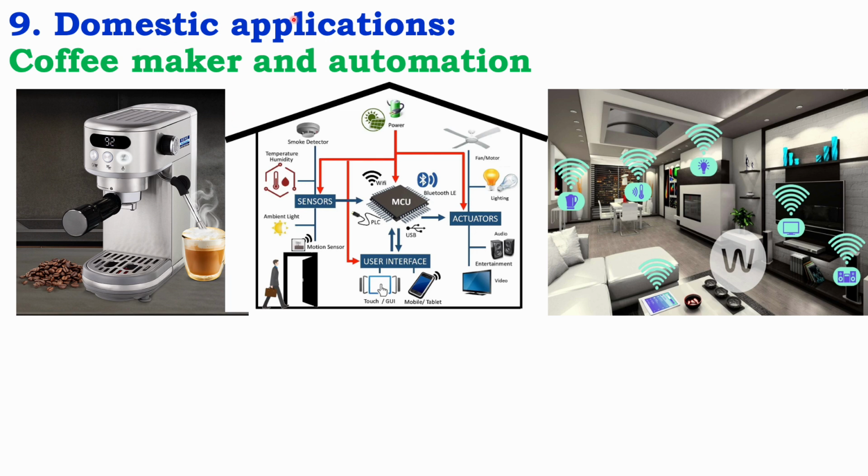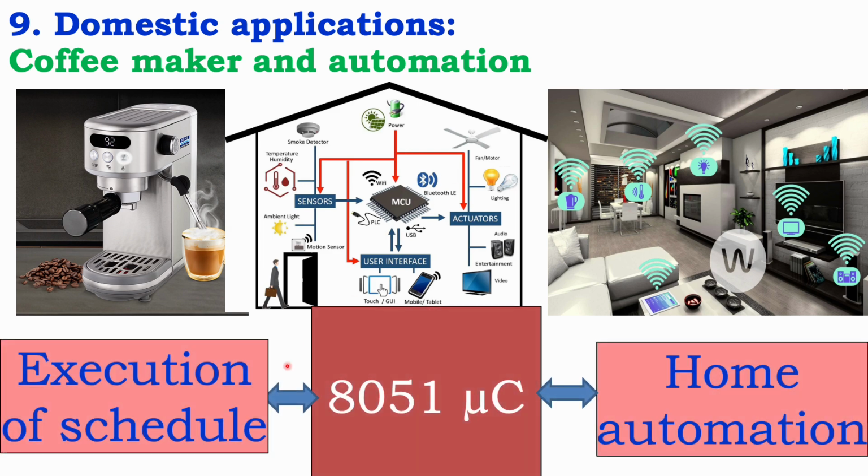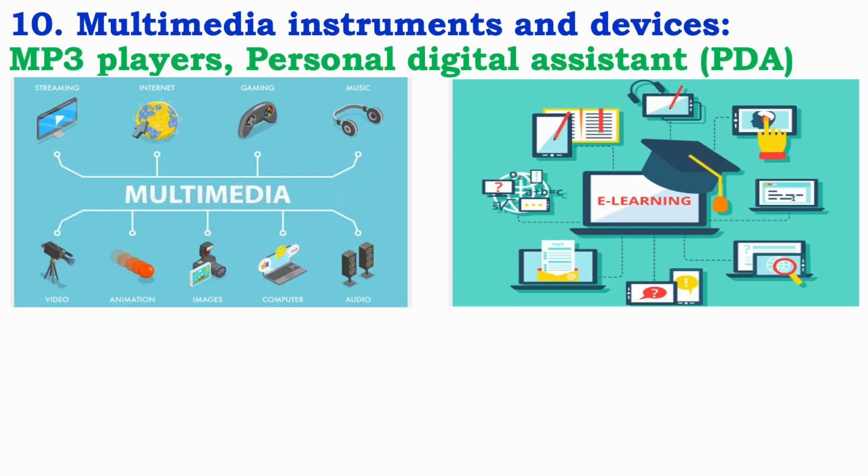In every home we require a coffee maker and automation of the house: automatic opening and closing of a door, automatic switching off of fans, refrigerators, ACs, like that. This automation can also be controlled by the 8051 microcontroller. This shows the execution of a schedule in home appliances. The 8051 microcontroller is programmed automatically and it works accordingly.